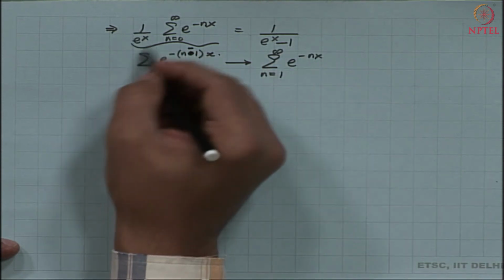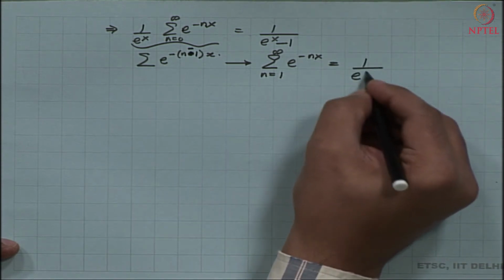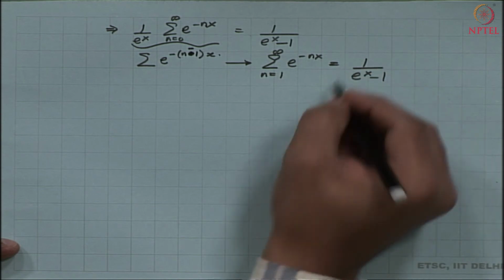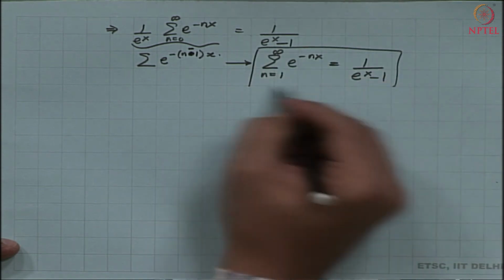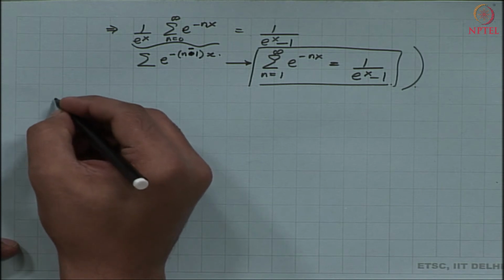So, I have already divided by e to the power x, and that is given to be the expression on the right hand side, which is this quantity. So, this is the result I am going to use in my evaluation of the transform.